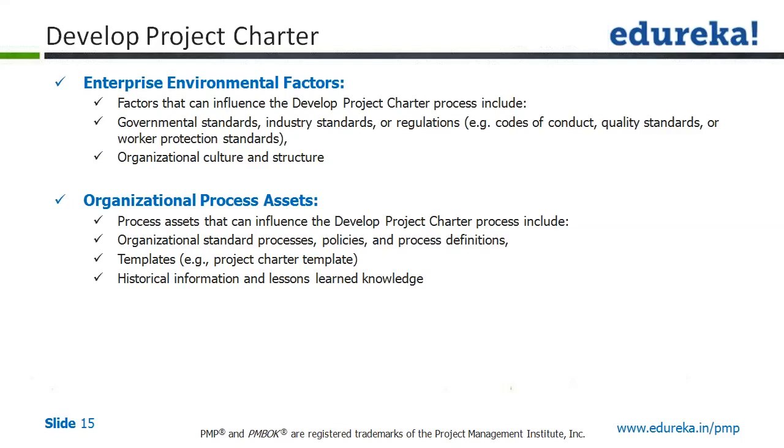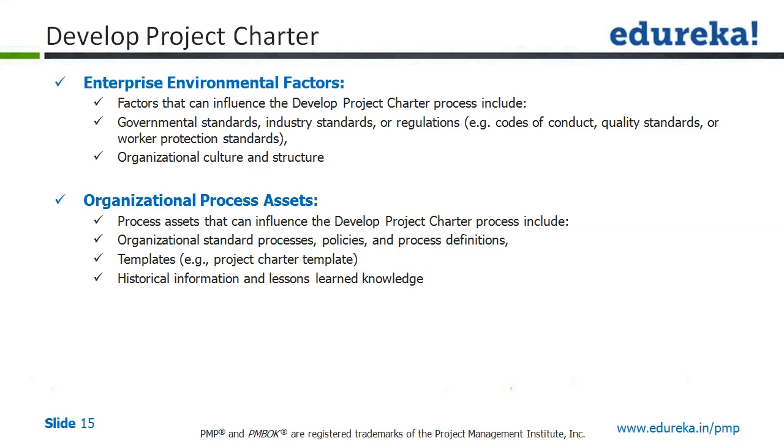Those templates could pertain to a project charter or to the various processes. And with the help of the organizational process assets, you would also know what the lessons learned are, and maybe if there is any historical information available on that project.